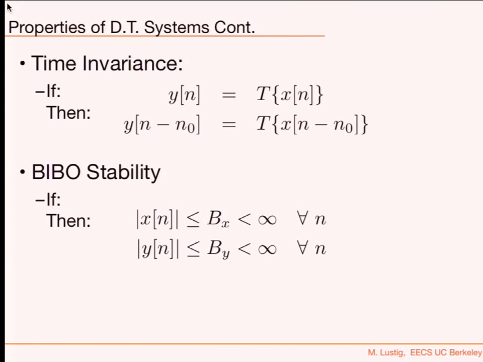For example, let's say I have a sensor that measures some signal, and over time the sensor is going to change temperature and have a different response, but over a short period of time it's approximately time invariant, right? But not over a longer time. So for real systems, we often approximate the system as time invariant, but sometimes it's not really time invariant, and again we have to keep that in mind.